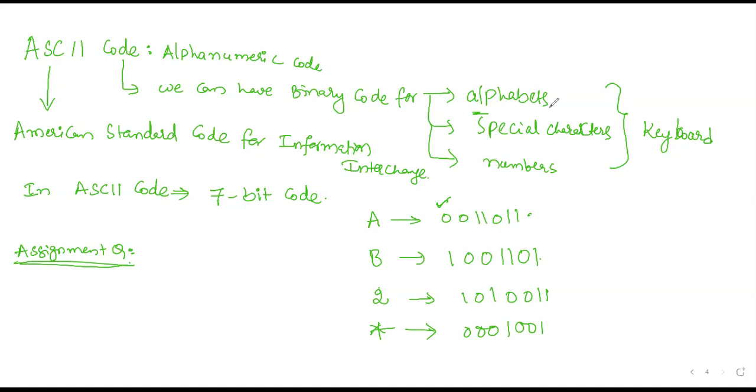These are the symbols we have on the keyboard generally. So generally we transfer the information from the keyboard to the computer through ASCII code.